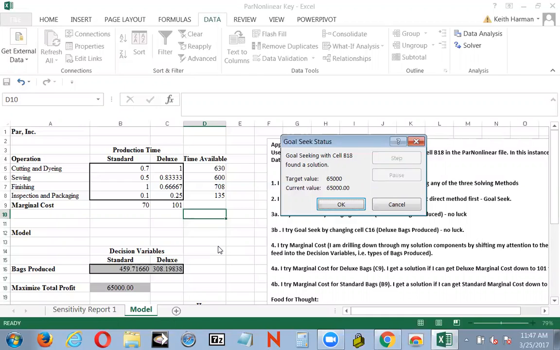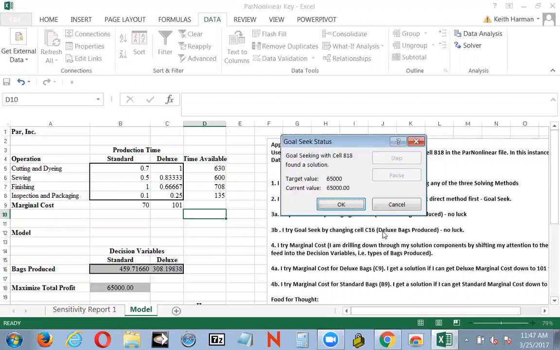And I'm going to have to take a look at cutting and dyeing is probably going to be my number 1 candidate. Sewing will be another issue, but I'm going to have to try to find some way in there to shave $49 off of the marginal cost to get to that goal.